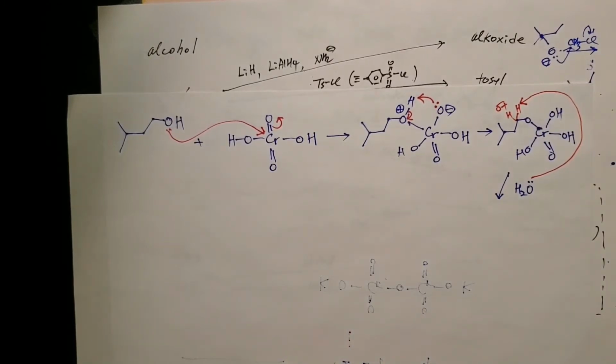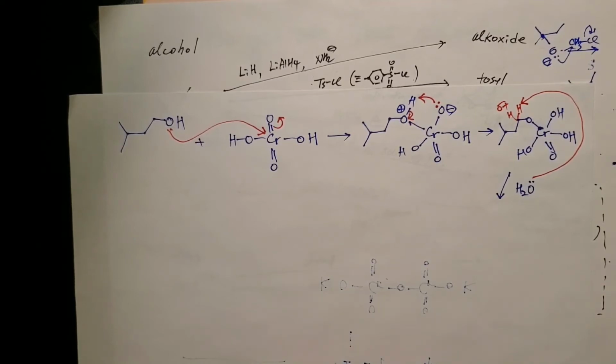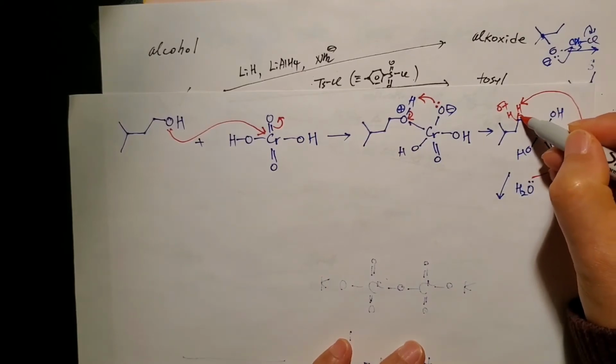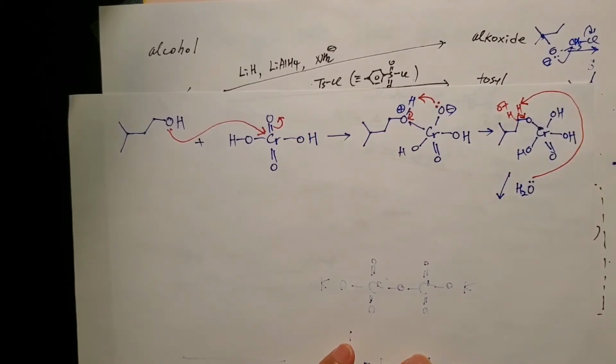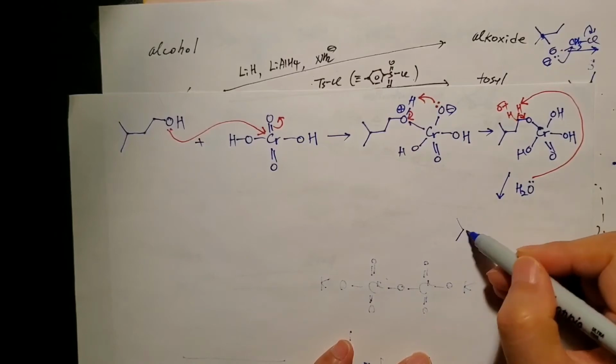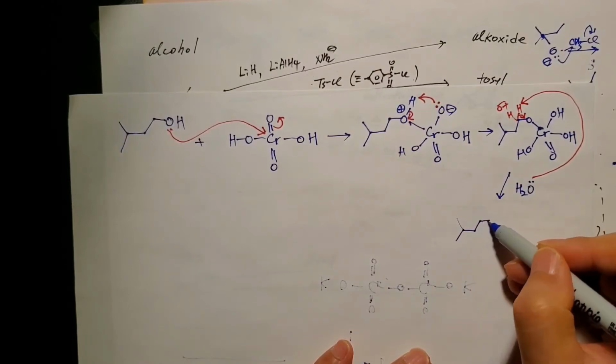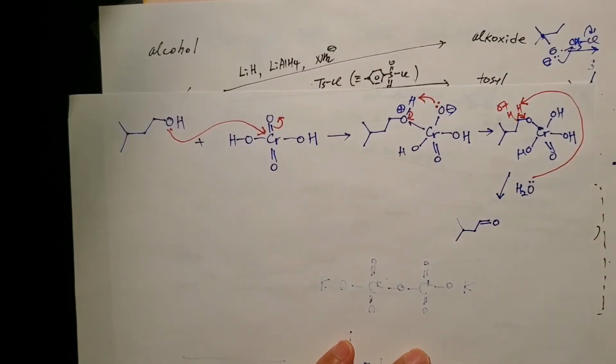And I hope you remember we did this. When we do oxidation of alcohol, you're losing hydrogen, gaining an extra bond with oxygen. So gaining an extra bond with oxygen, and you get aldehyde. That's one mechanism getting there.